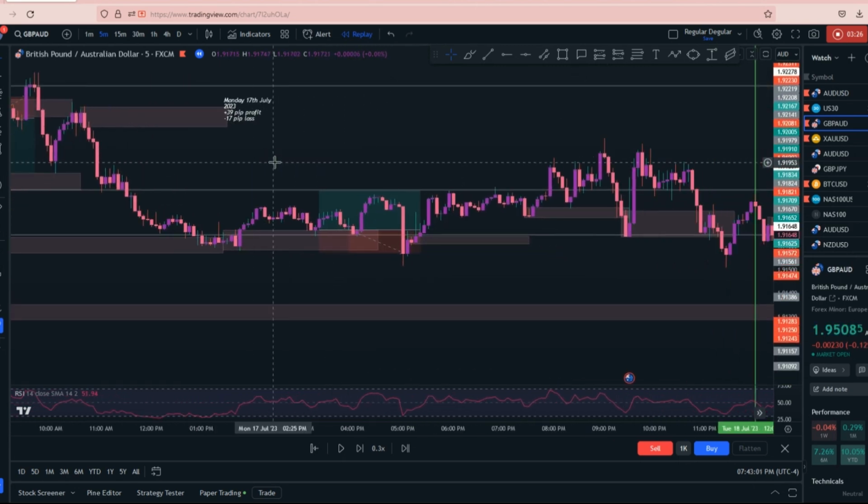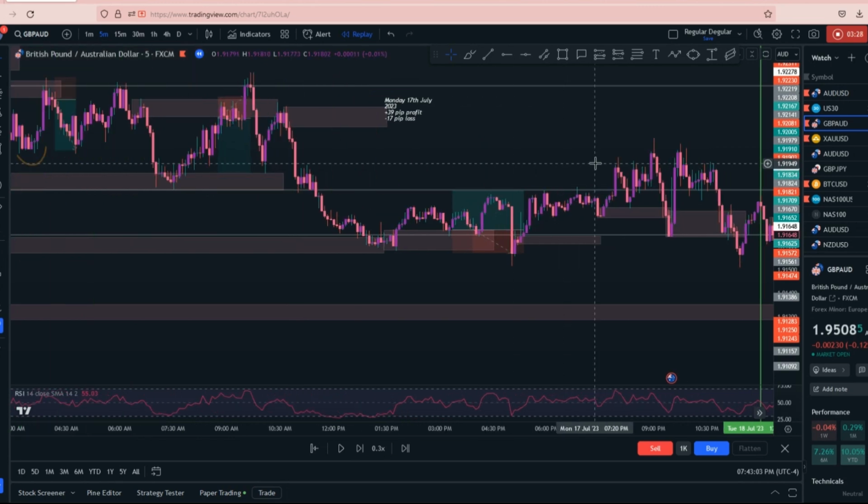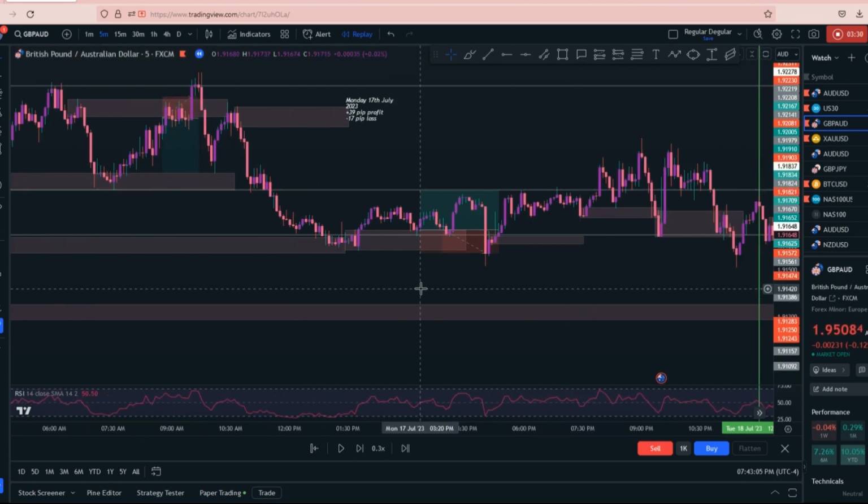And then my fourth trade of that day would have been around 3 p.m., which is rare because I'm still trying to figure out how GBP Aussie dollar moves. And I'm trying to figure out what time to trade, what time not to trade.